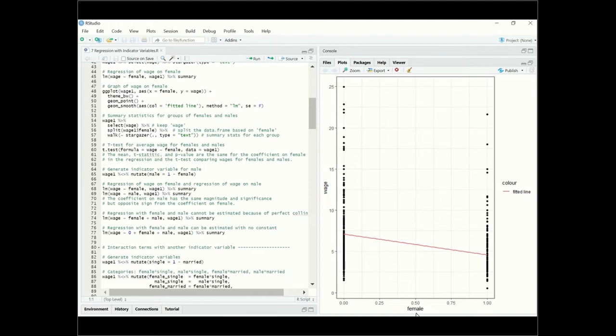That female has only two values, 0 and 1. So effectively, these data points here are all for males, and these data points here are all for female. And that's how a regression line looks like. So it looks a little bit strange if we just have one independent variable that is an indicator variable. But this is how a regression line would look like.